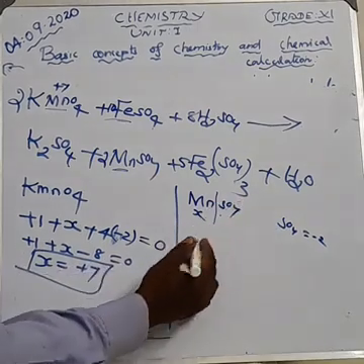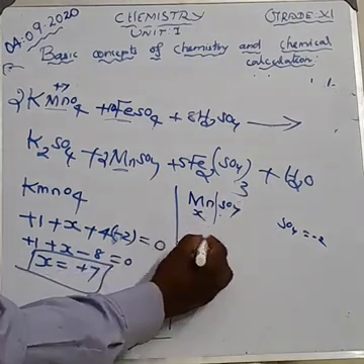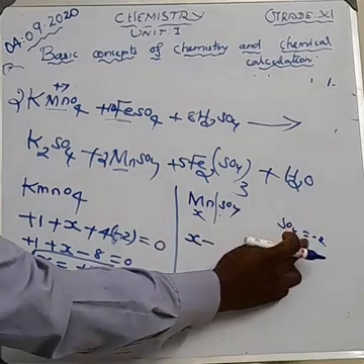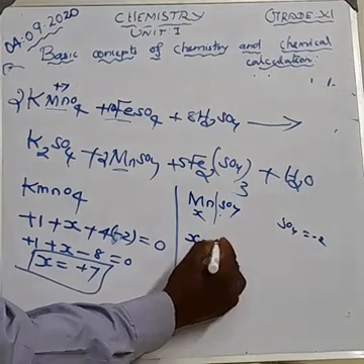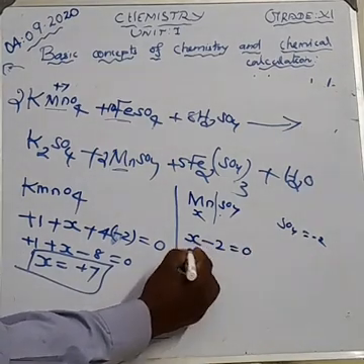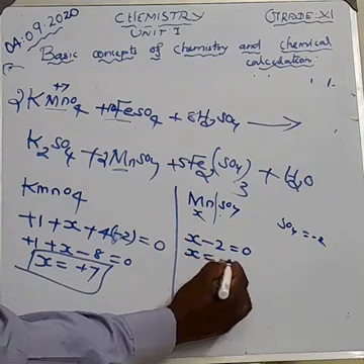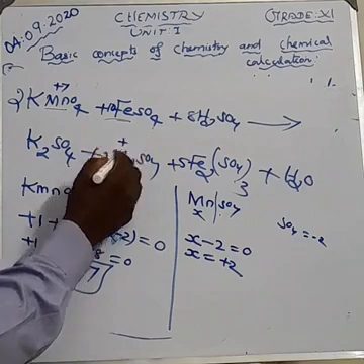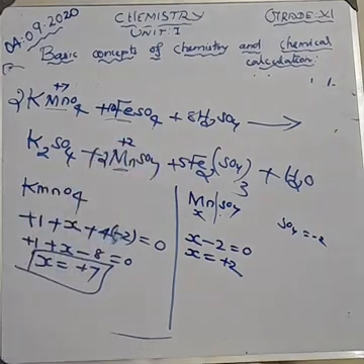Otherwise, we can write X minus 2, because the charge is minus 2, equal to 0. Then what is X? X equal to plus 2. So manganese, what is the oxidation number? Plus 2. Clear? Yes or no?